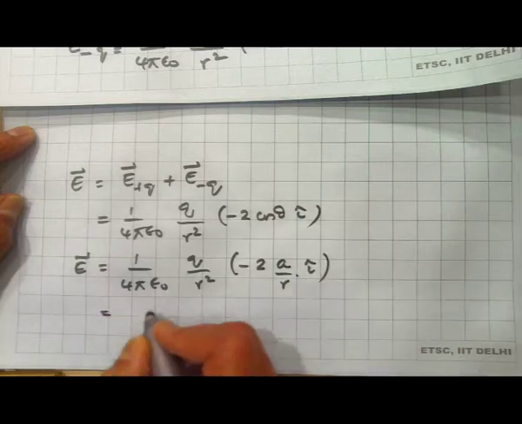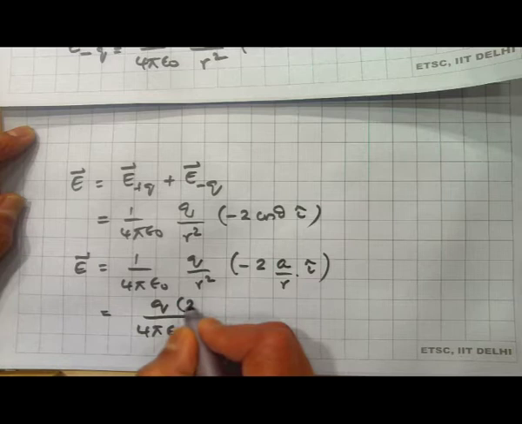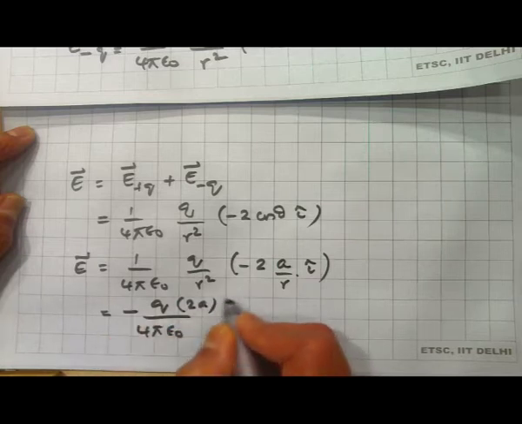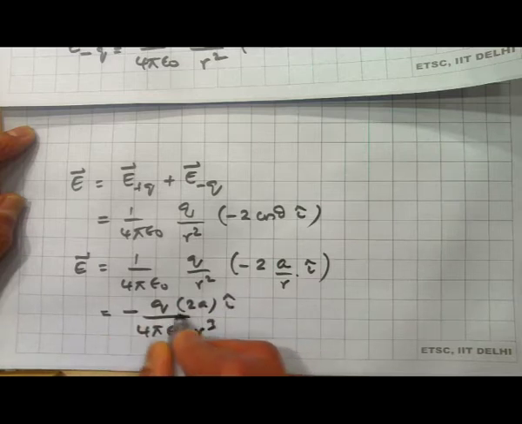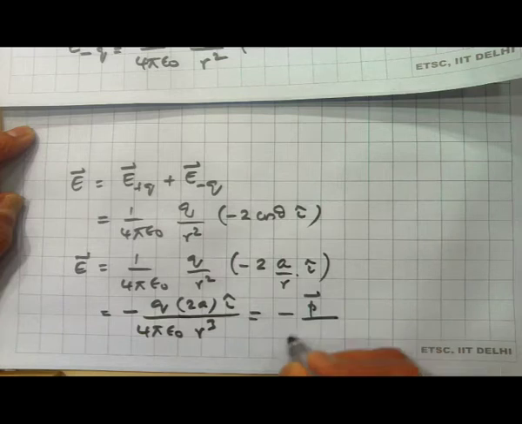So, this is equal to q by 4 pi epsilon 0, 2a with a minus sign, i, and r cube, and this is nothing but minus p by 4 pi epsilon 0 r cube.